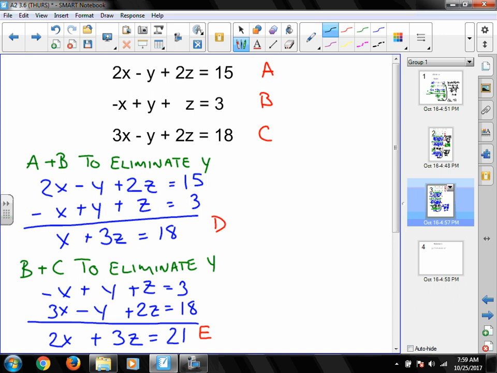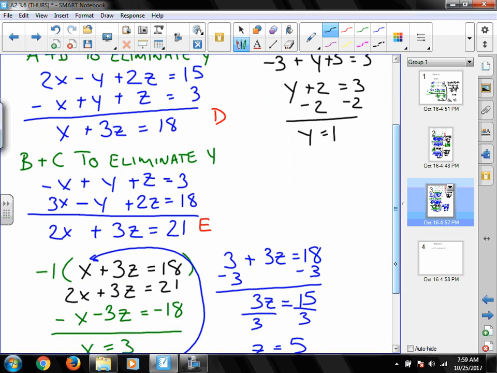So if I plug into B, I get that -3, because my x value is 3, plus y plus 5 has to equal 3. Y plus 2, -3 and 5 give me 2, and that's still equal to 3. Subtract my 2, and I get that y is equal to 1.